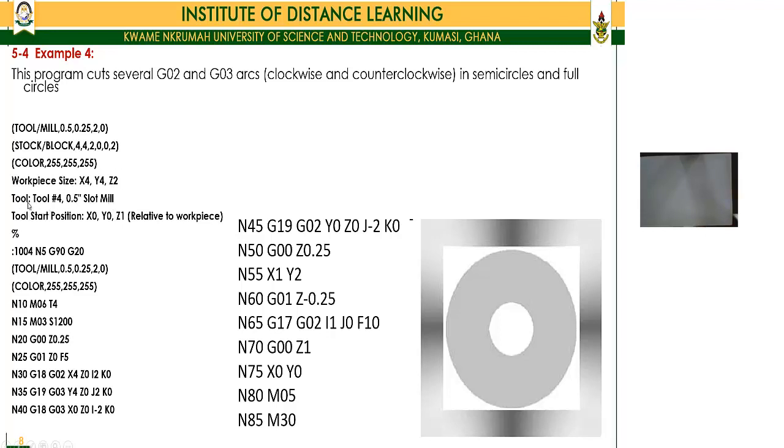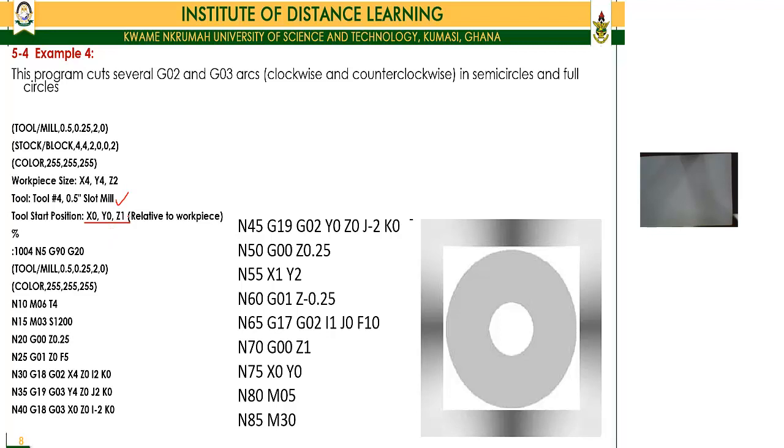So if you look at the program line, we have the workpiece. The tool number is tool number 4. We are using the slot mill. And then we have the tool start position.